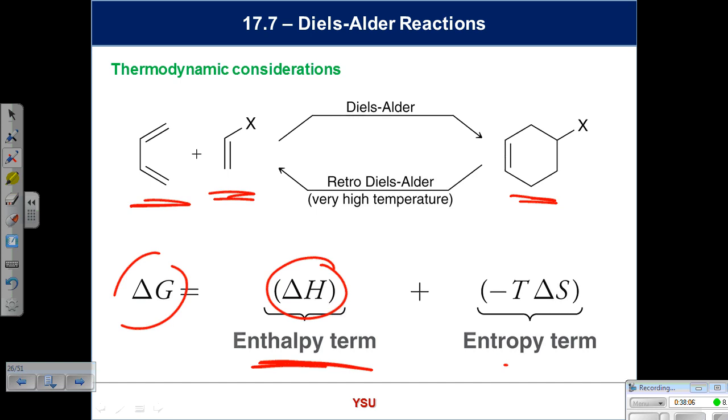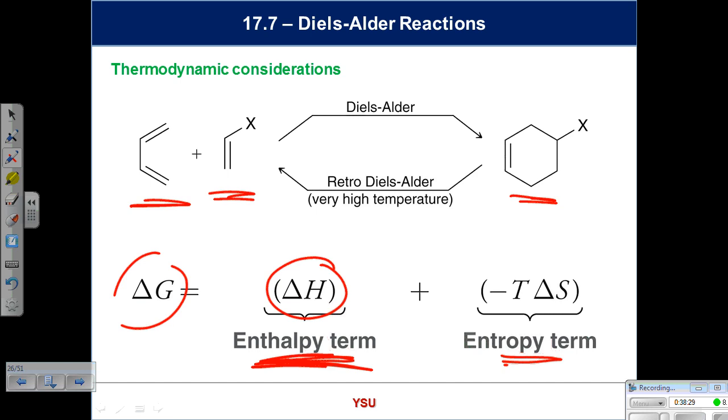Now, to make it work, think about going all the way back to last semester, where we've got the ideas of making alkenes and eliminating from alcohols to make alkenes, and all that idea of how we make it work. This is going to go. This term outweighs this term. So in this case, it's thermodynamically favored enough not to have to worry about delta S being a problem.